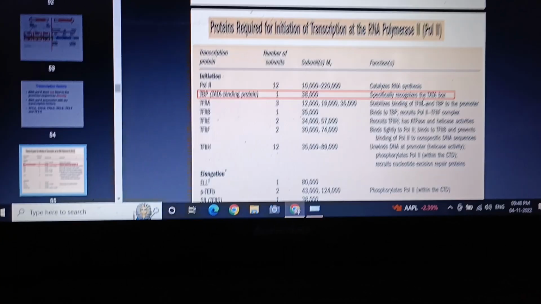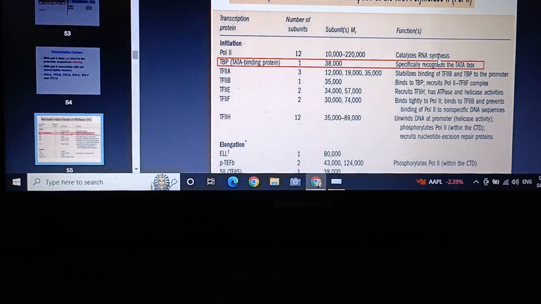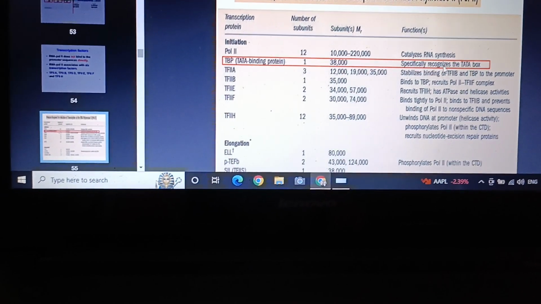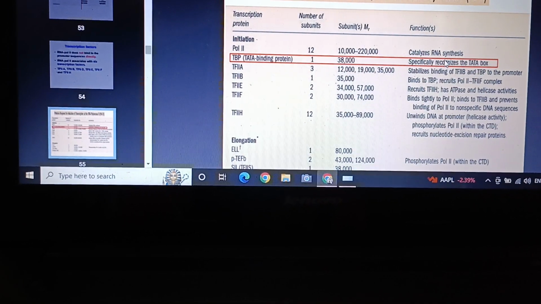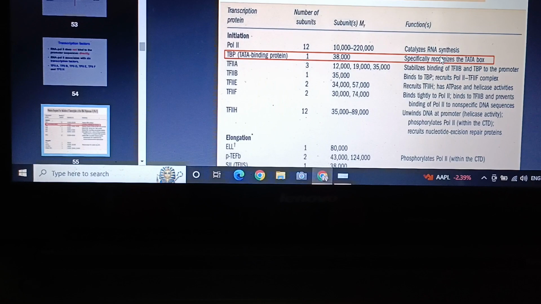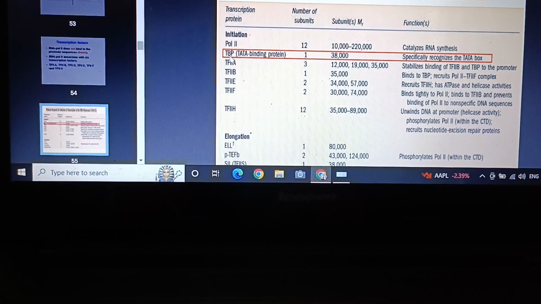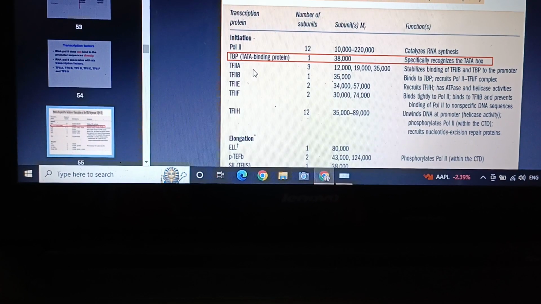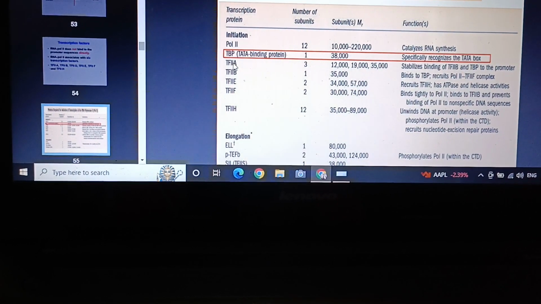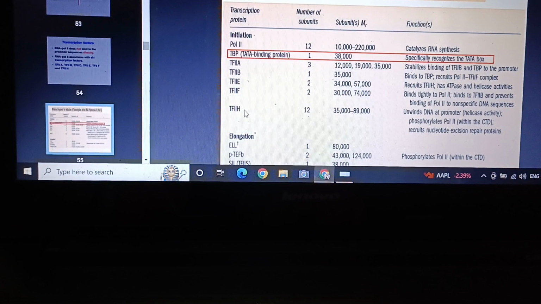In the case of prokaryotes, which subunit recognizes your promoter region? That is the alpha subunit present in your RNA polymerase. But here the TATA box binding protein specifically recognizes the TATA box. Then TF2A, B, E, F, H.